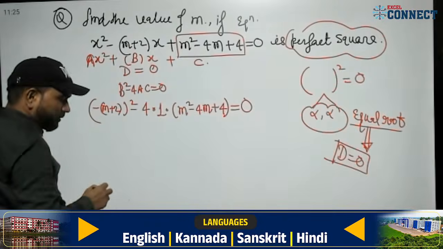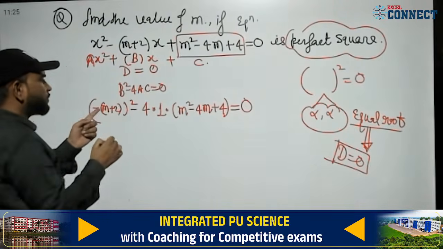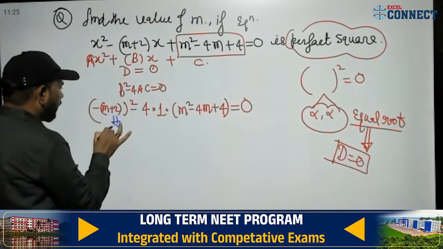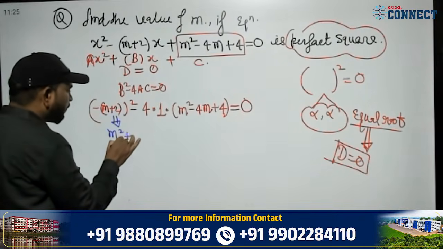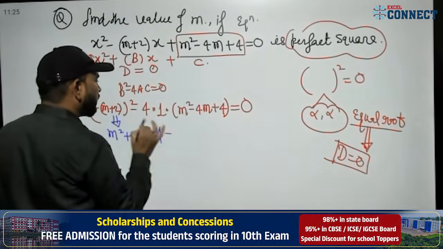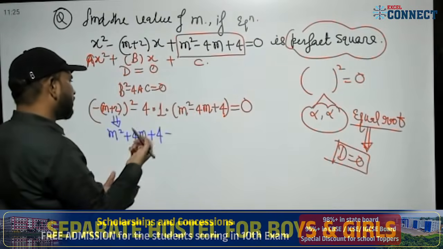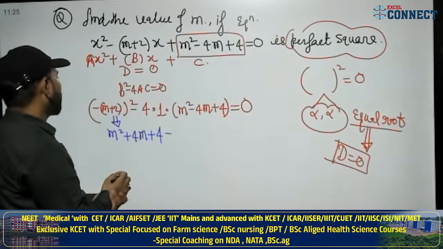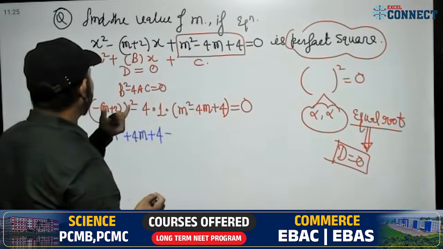This is minus, whole square becomes positive, no issue. So here you can say m square plus 4m plus 4, minus, I am multiplying 4, I should multiply. Up to here is correct. B square is this, 4 into this, correct.